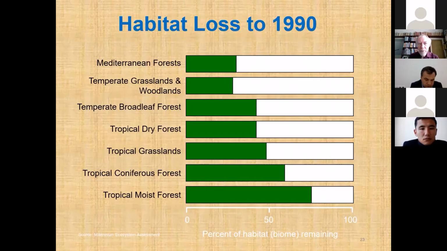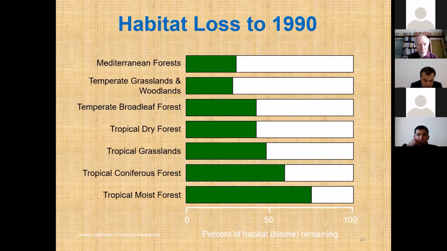Most of this depends on habitat loss. That is, we took away the places where they could live, all these animals and plants and so on. So you see how large percent of the habitat, the land area, that is left. It's the green areas. And of course, it's different in different parts of the world.